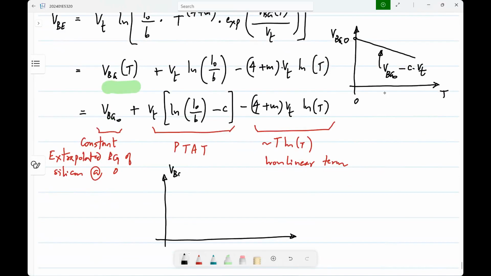So if you put all this together and plot VBE versus absolute temperature, first of all, at T equal to 0, you will get basically the band gap itself. All the other terms go away. And if you had only the linear dependence, it would have done something like that.